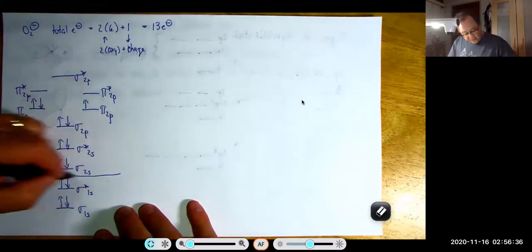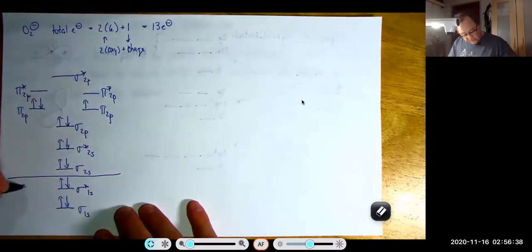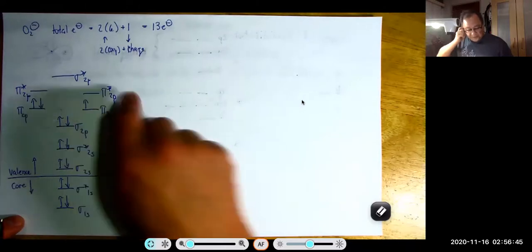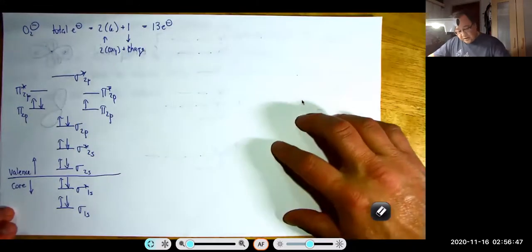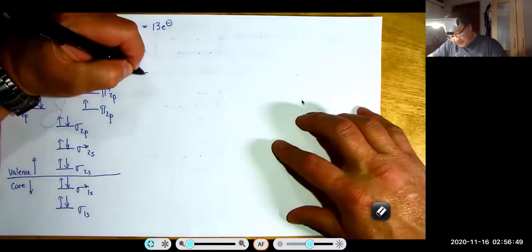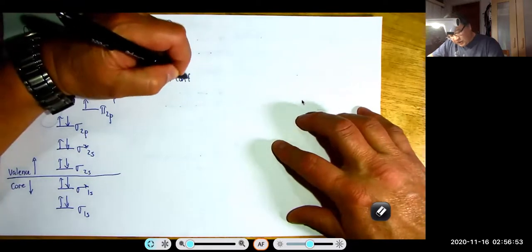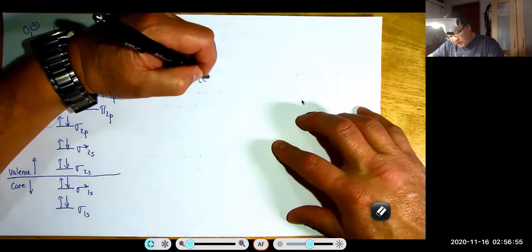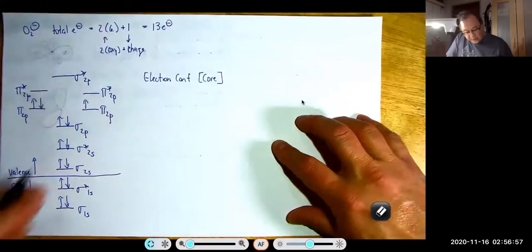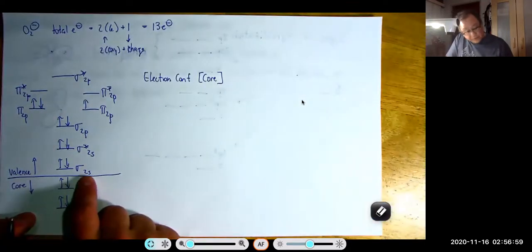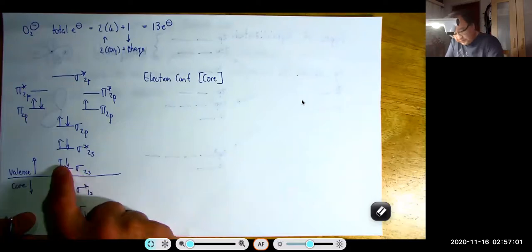So remember, these are the core, and these are the valence, because the valence are the outermost shell, so the 2s. So when we write the electron configuration, we're going to start with the core, and then we're going to write 2s, or sigma 2s2.